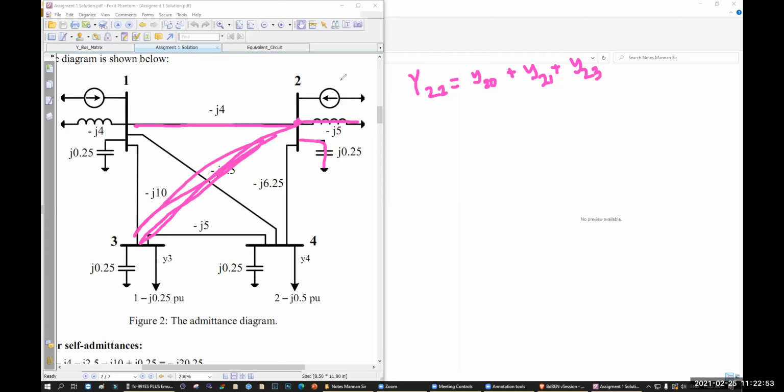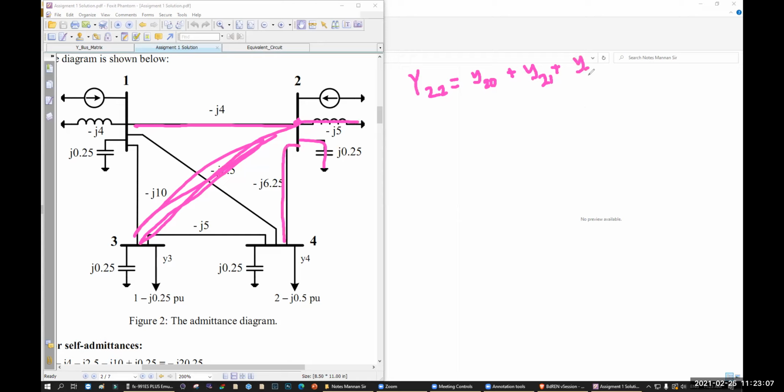If you do not have any 23, this will be 0. Okay? Yes, sir. So you can write 0 or you can ignore it. Your wish. This one is how much? It's 2, 4. Understood? Yes, sir. Okay. So this is your Y22.